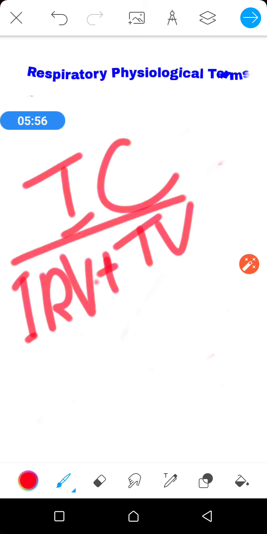That means the normal air that you are taking during normal respiration and the extra air that you are taking. That means the total capacity the lungs can have during inspiration. Okay? That means the total capacity of the lungs that is going to be filled by the air during inspiration.